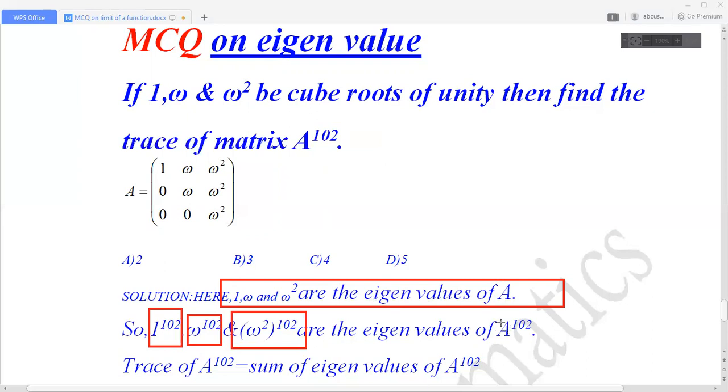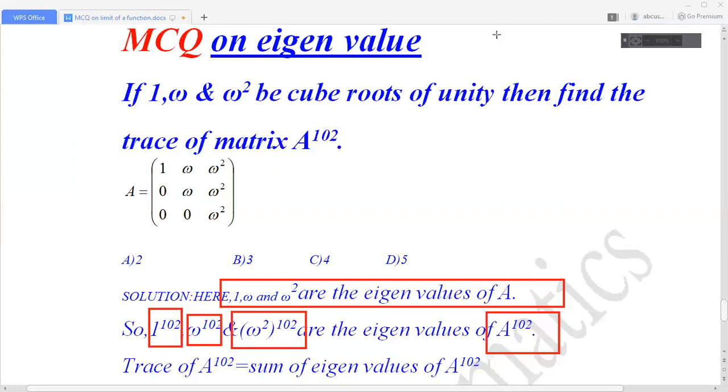This is also a very important property of the eigenvalue.